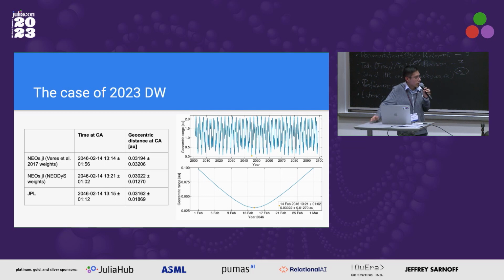But other organizations like NEODyS, which is based in Pisa, have other weighting schemes. And as you can see here, the different weights can give very different uncertainties, especially in a case like this with very few observations. In the last row, we have the JPL reported values for comparison.